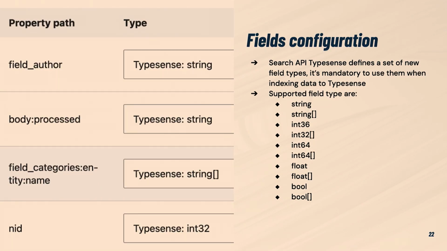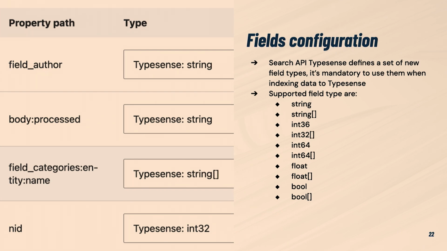First of all, you need to add fields to Search API as usual, but you have to specify a specific data type for those fields that comes from Typesense. Okay, here there is a typo because it's not int 36, it's int 32.